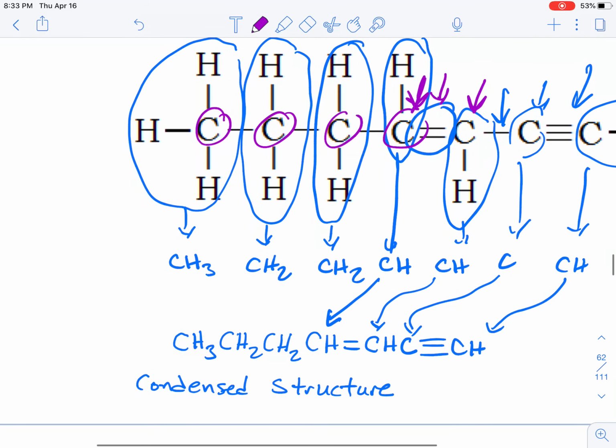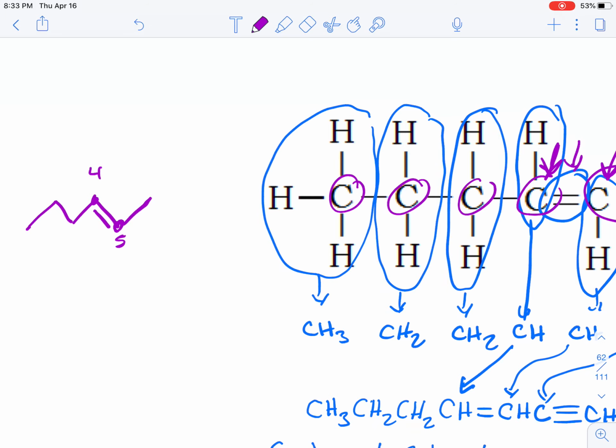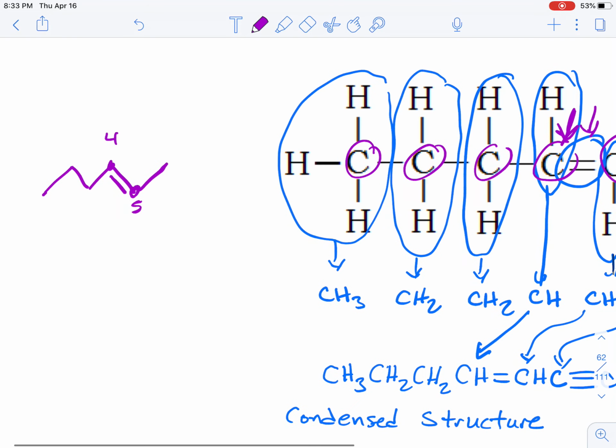And then the next bond is a single bond to another carbon. And then the next bond is a triple bond. Now when you're drawing a triple bond, remember that it has to be 180 degrees. And so that means that you're going to draw a triple bond going up, do not bend it.